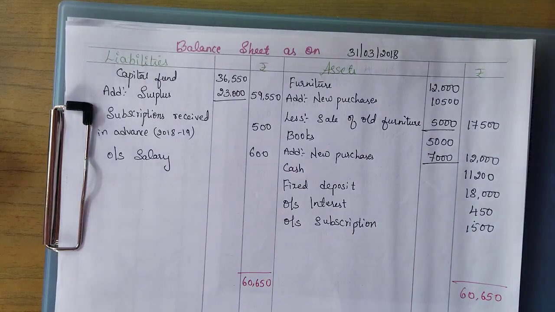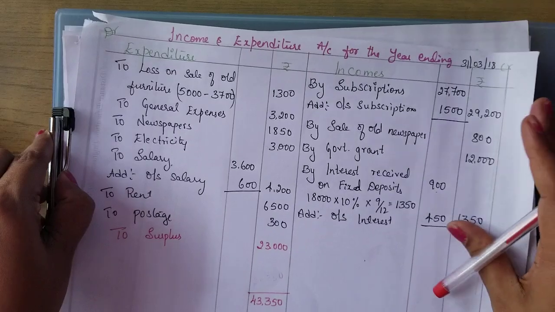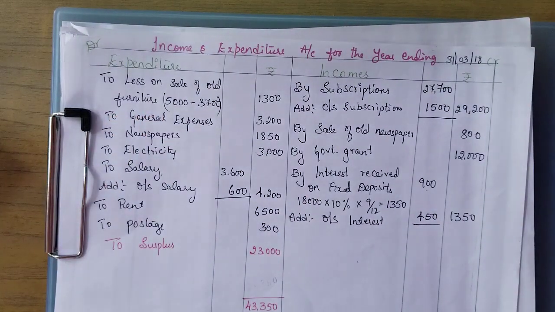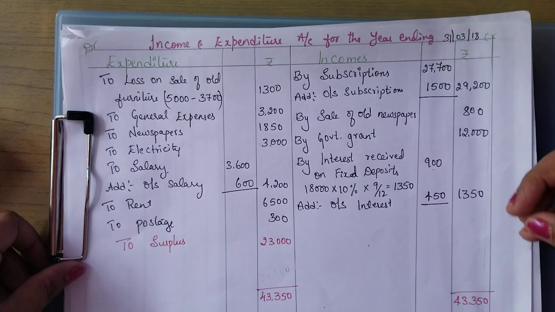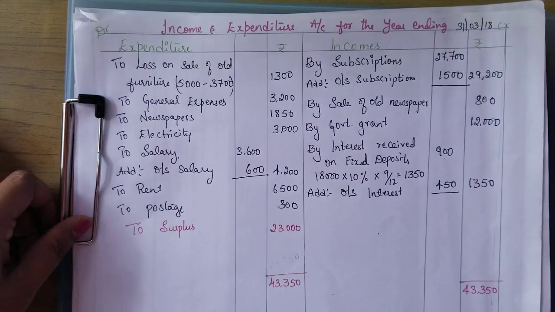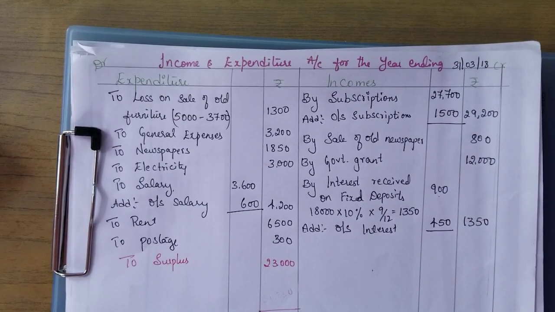From the point of view of your exam, only this type of problems will be asked for your 12-mark questions, and this is a compulsory question that you are going to get for your final exam, annual exam. So kindly concentrate on certain adjustments and how to prepare the opening balance sheet. That is the main important thing that you have to learn in this type of problems.